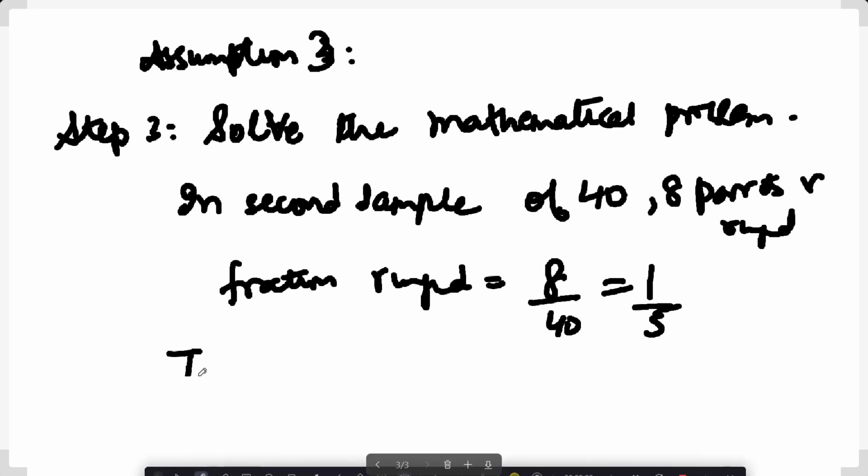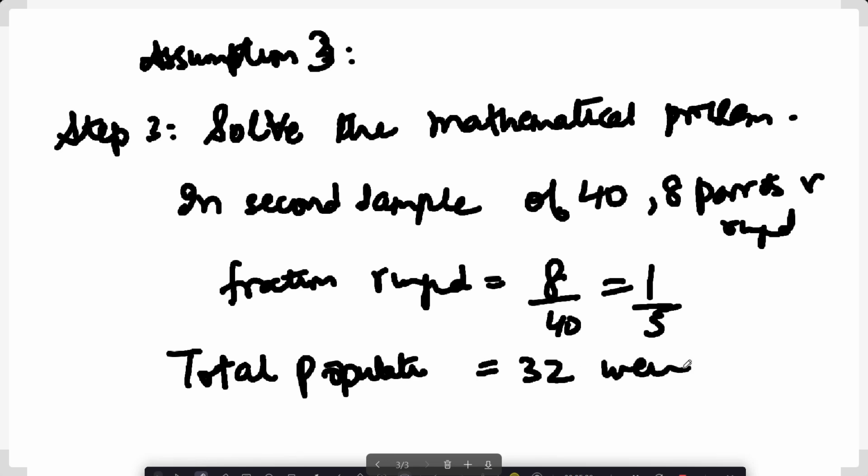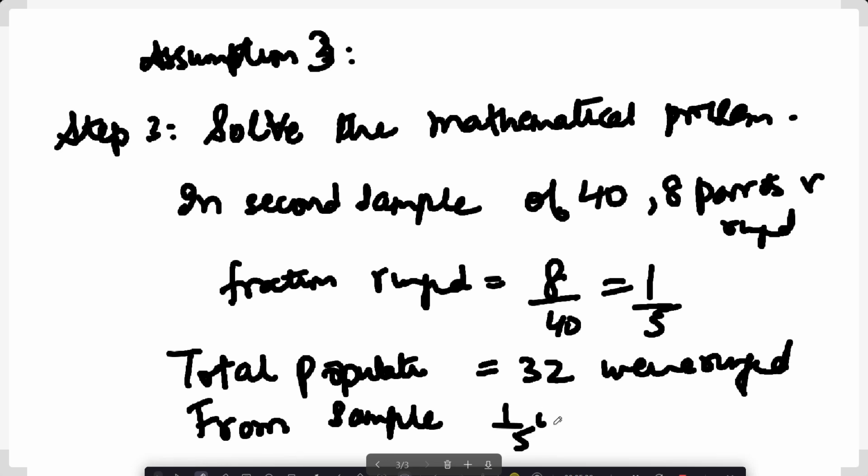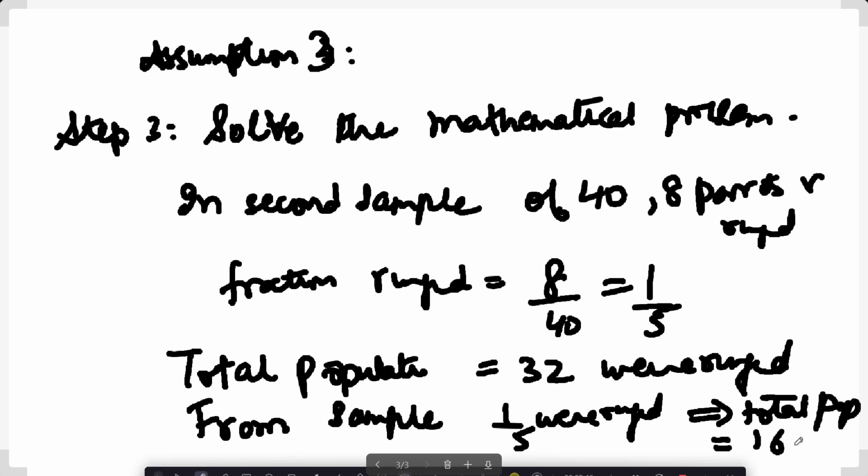So in the total population, 32 were ringed. From the sample, which is a representative of the total population, 1/5 were ringed. So what is the total population by the unitary method? 160, right? 5 into 32, 160. Okay.